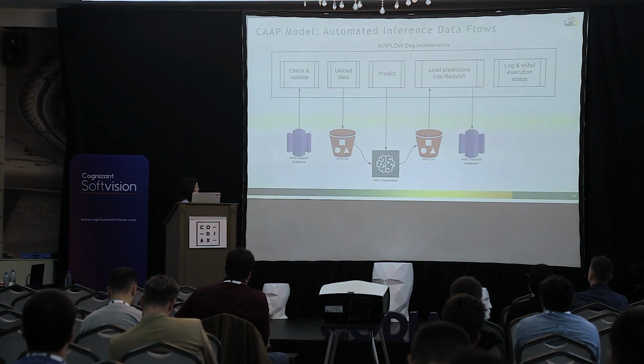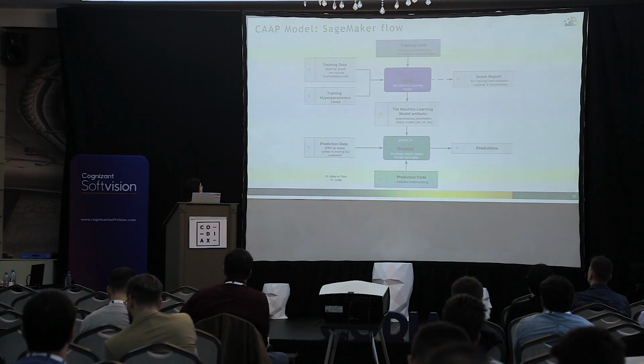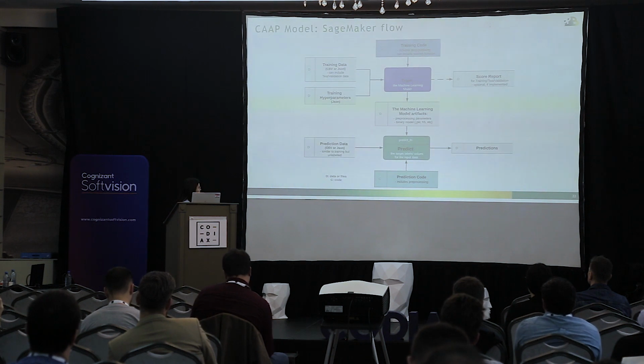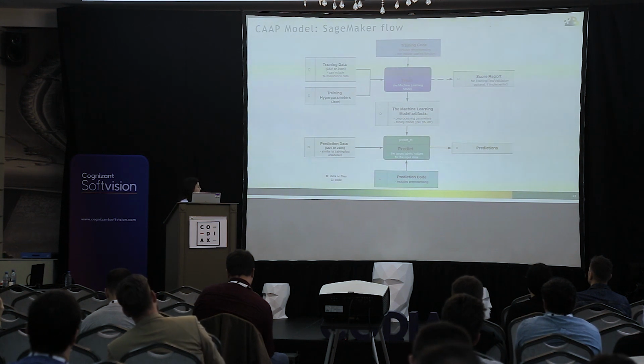Okay, so I've talked about the model, and here is our SageMaker flow. We have two key components here: the training part and the prediction part. The link between these two is the model artifacts. This is a standard SageMaker approach.